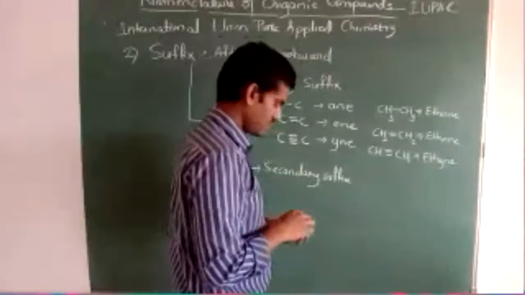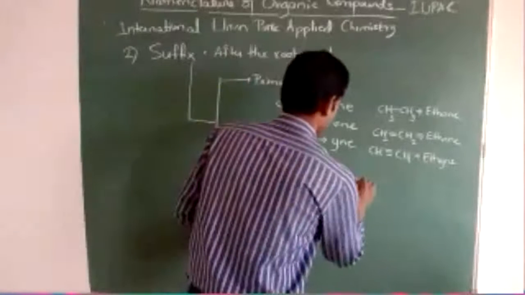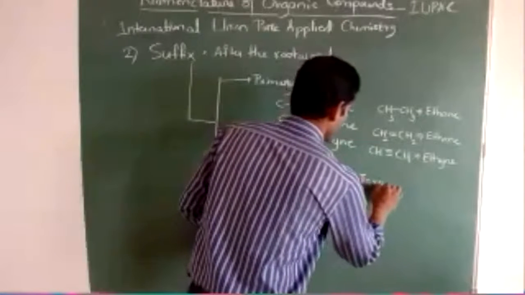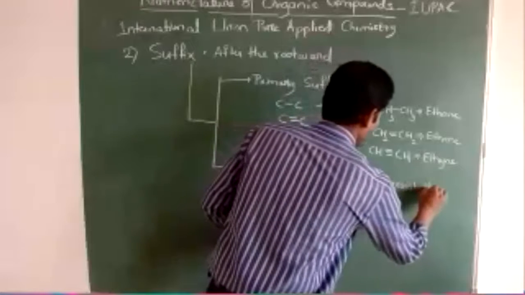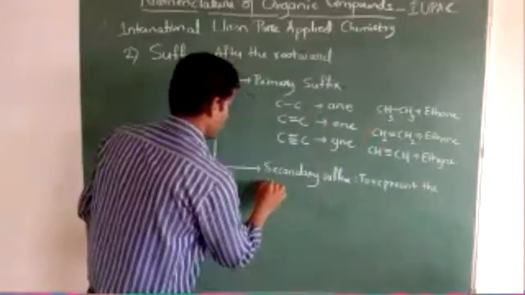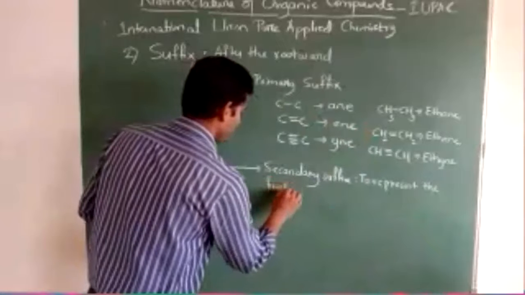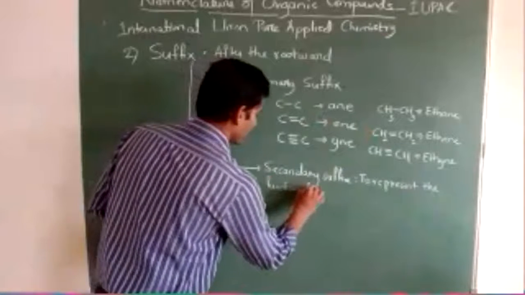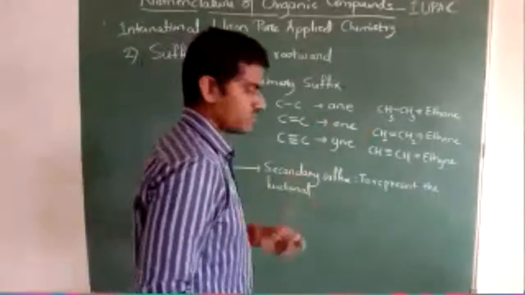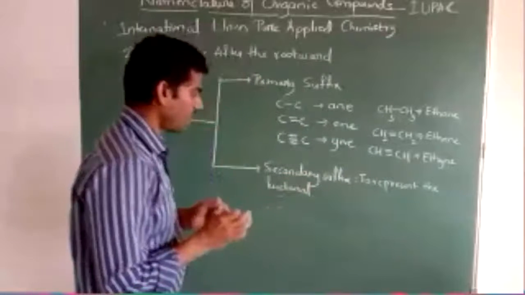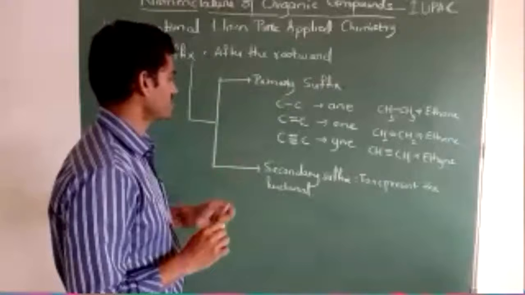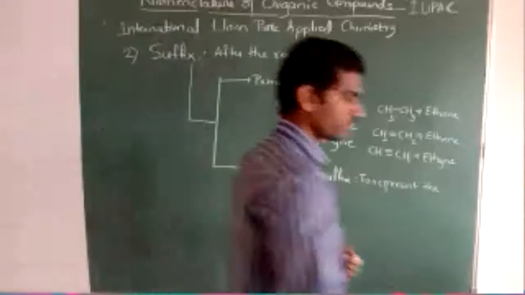So what do we mean by secondary suffix? To represent the functional group, we are going to use a secondary suffix. I'm going to give some examples for secondary suffix.